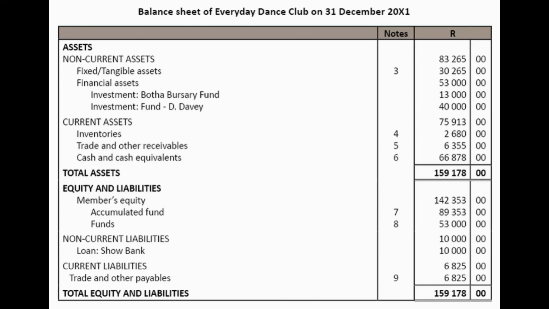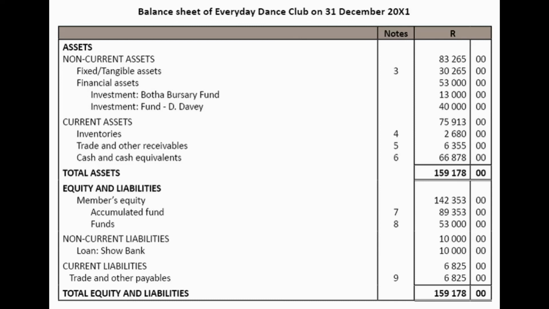If you add those two amounts, you get the members' equity of 142353. Then we get to the non-current liabilities. It's the loan from the bank, 10,000 Rand. That's the only item under non-current liabilities. And then we get current liabilities. The only entry there is trade and other payables, which is 6825.